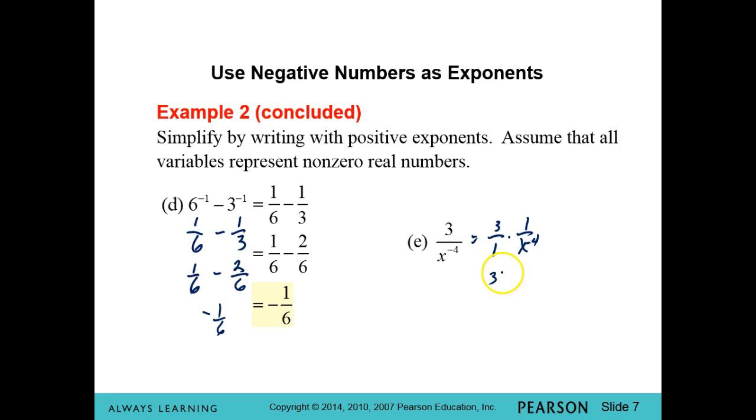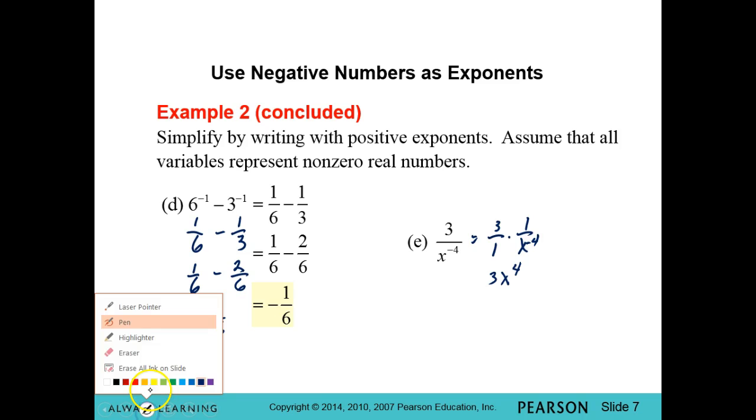How did you do that? When you move it upstairs, all you do is lose the sign. X to the 4th. Got it. You're like a dentist, but you got it. Okay? Does everybody see that?